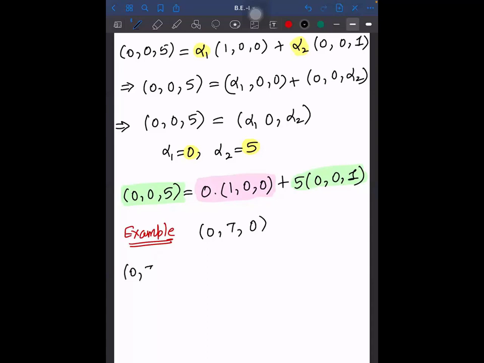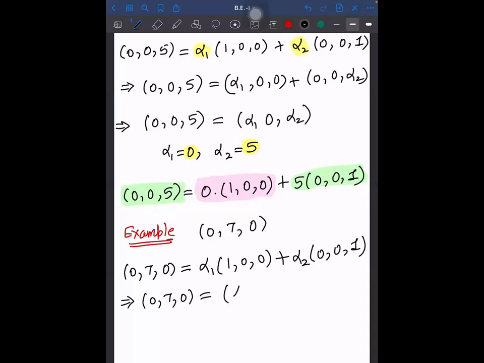So I write (0, 7, 0) equals, if it is possible, then there should be some sensible choices of alpha 1 and alpha 2. So let's try to do this. In the same way, we'll write (0, 7, 0) equals alpha 1 (1, 0, 0) plus alpha 2 (0, 0, 1). Now add these two vectors, you will get (alpha 1, 0, alpha 2), and here (0, 7, 0).